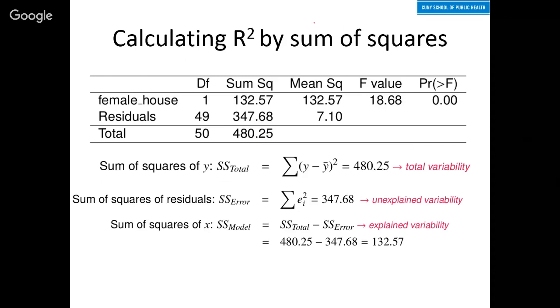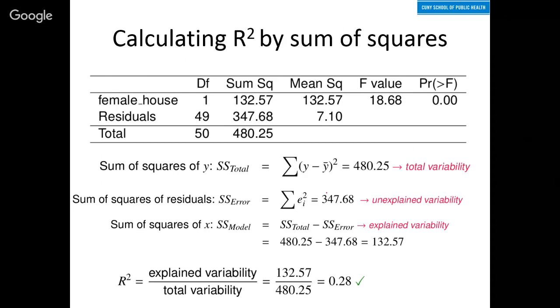So you should always be able to, if you're looking at this sum of squares column, add them up for each row of your ANOVA table to get the total sum of squares. And this gives us a way from the ANOVA table to calculate our R squared by taking this explained variability, the 132.57, divided by the total variability, 480, and that gives us our R squared.